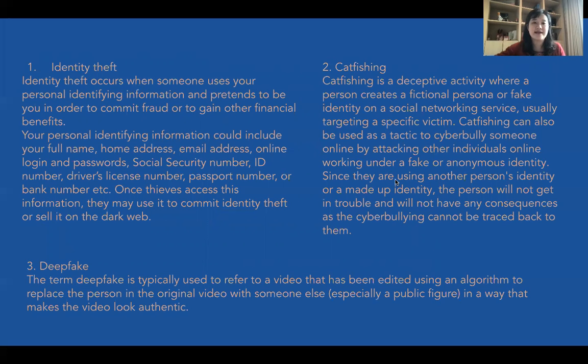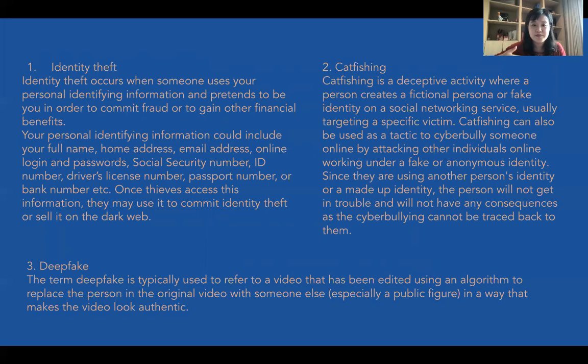So the first one is identity theft, right? It occurs when someone uses your personal information and pretends to be you, in order to commit fraud and get financial benefits. For example, people steal other people's personal information and use their credit card. This kind of incident happens a lot, right?